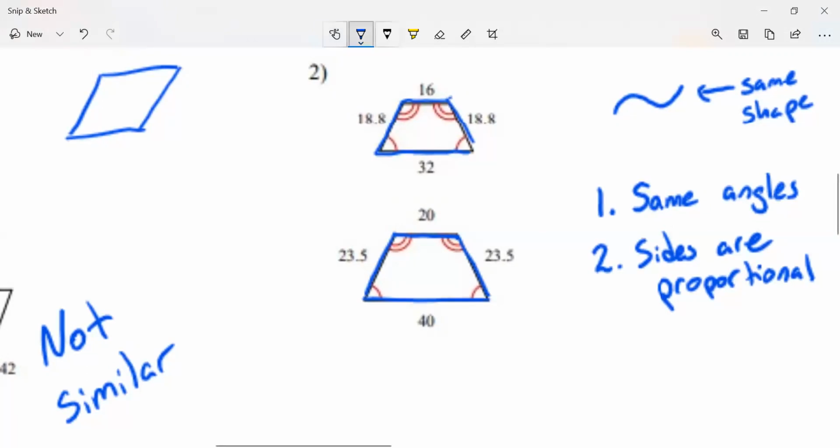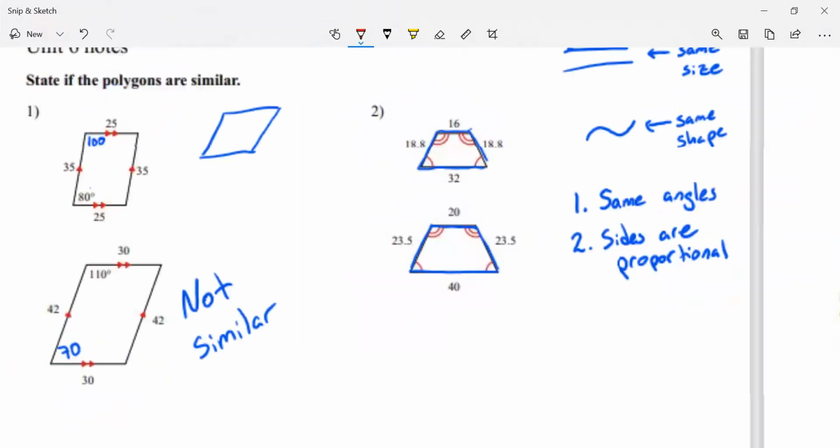Now let's take a look at the second criteria. My sides have to be proportional. Let me see what I mean with proportional. Now for proportional, let me look at my numbers. On the small figure, I'm going to see how many different numbers I can see. So 16, 18.8, and 32.